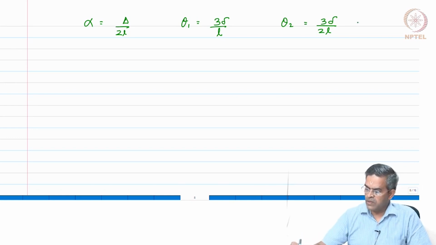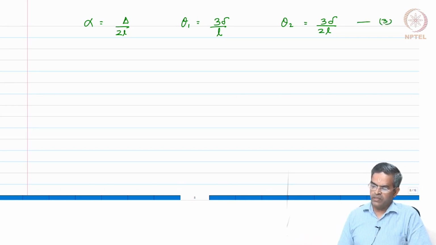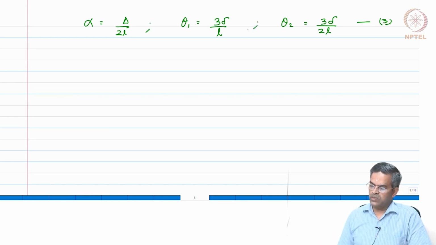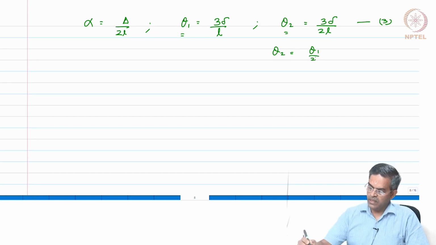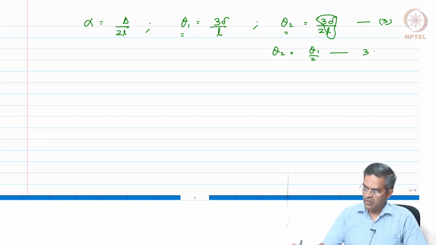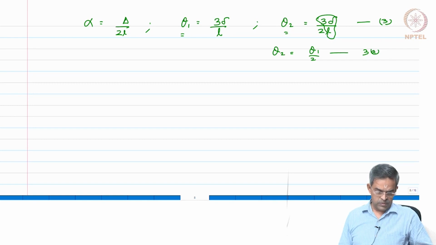Let us call this equation number 3. From this equation, looking at theta 1 and theta 2, we can straight away say theta 2 is theta 1 by 2, is it not? Because 3 delta by L is theta 1, so theta 2 is theta 1 by 2.